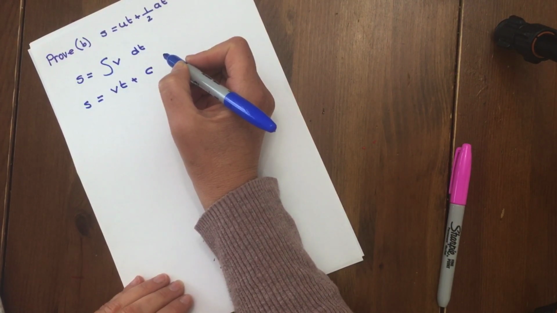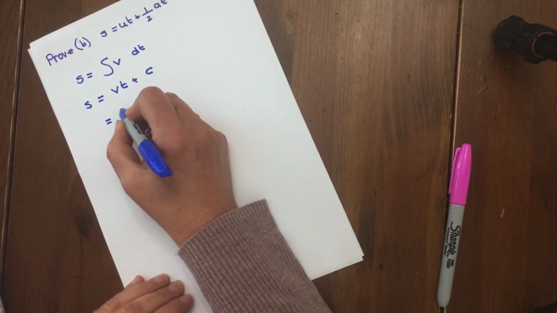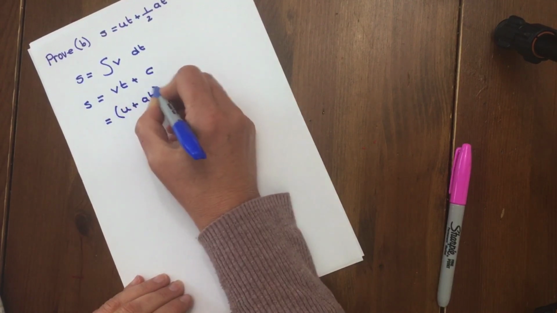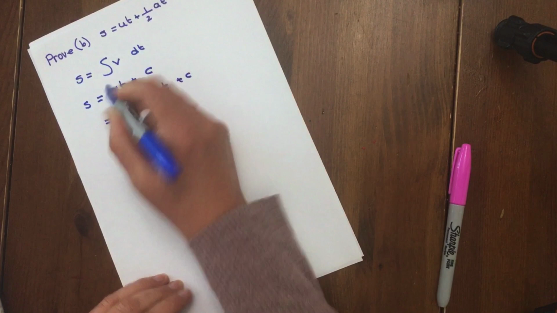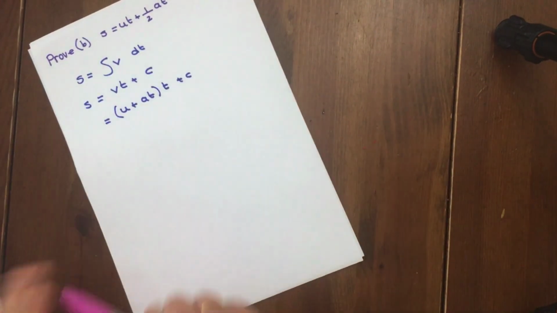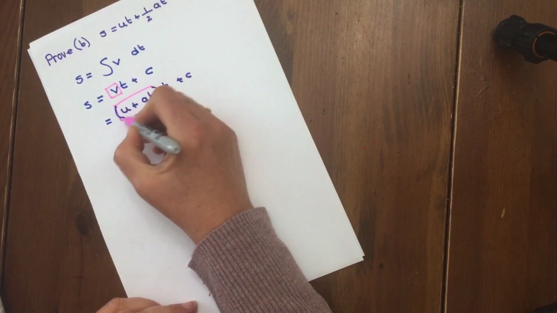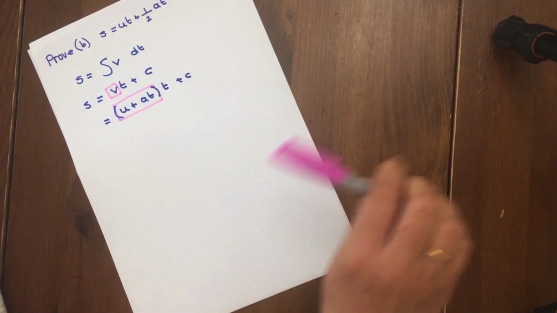Now, I know from before that v is equal to u plus at, times t, plus c. So all I've done here is replace the v with what I proved before, u plus at.